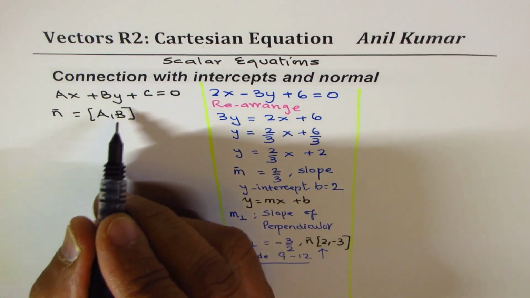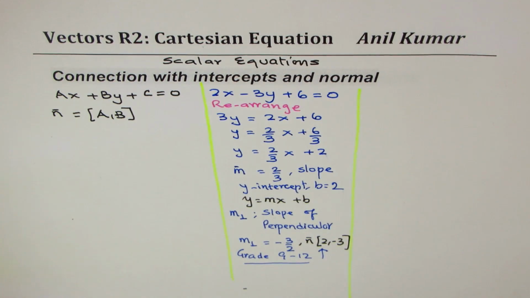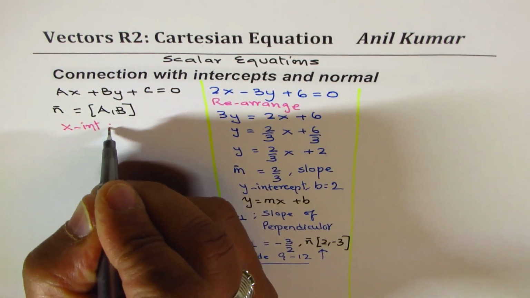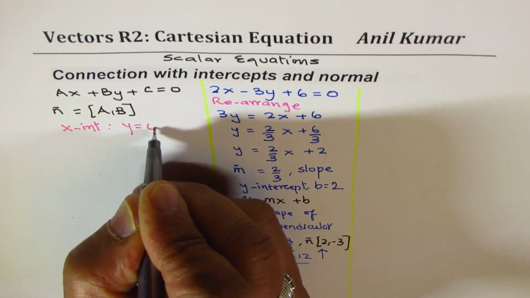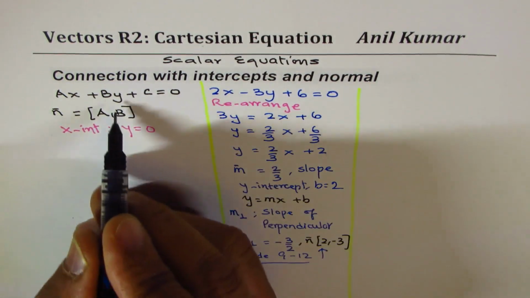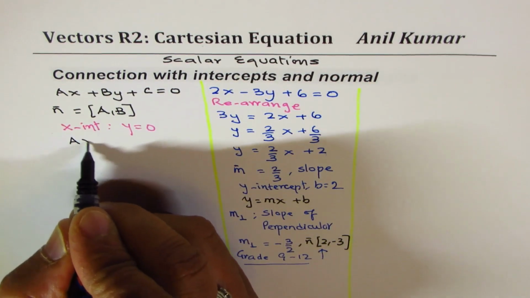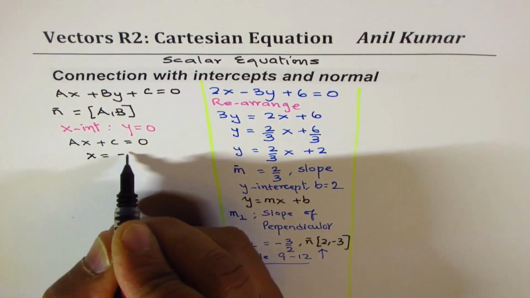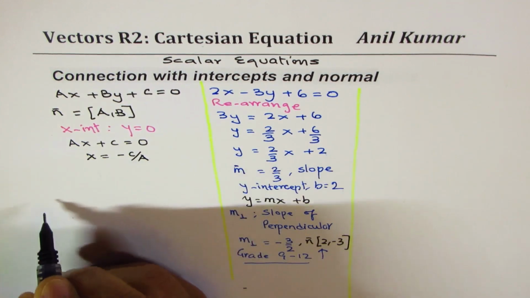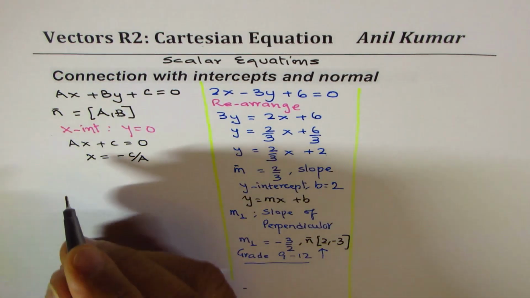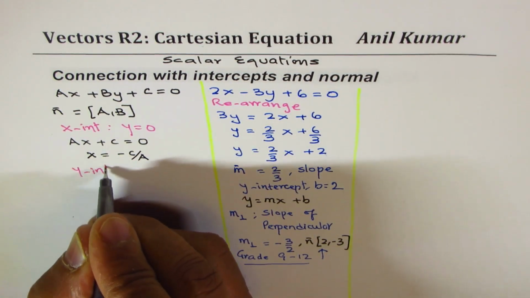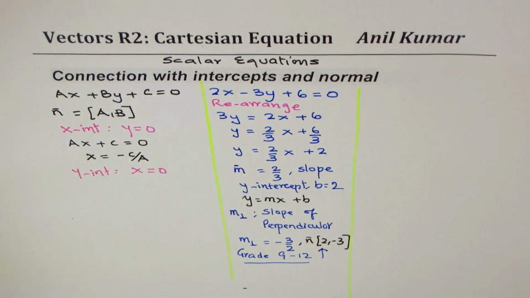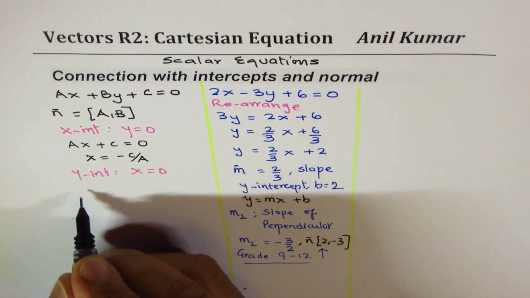And if I have to write x and y intercepts, let me rewrite. If I want to find x-intercept, then I should say y equals to 0. If I substitute y equals to 0, I get ax plus c equals to 0, or x is equals to minus c by a, correct? To find y-intercept, we can say x equals to 0, and then calculate what y is.